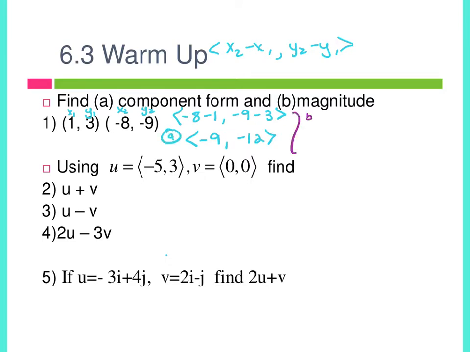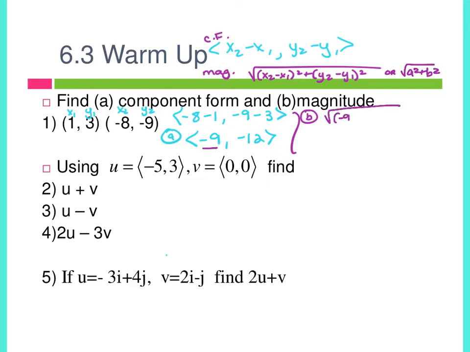Then B is the magnitude. For magnitude, you can either do the distance formula, the square root of x2 minus x1 squared plus y2 minus y1 squared. Or if you already have the component form like we do, then you can do the square root of a squared plus b squared. So a would be negative 9 and b negative 12.